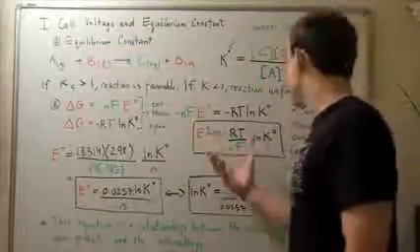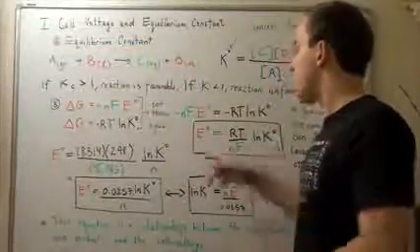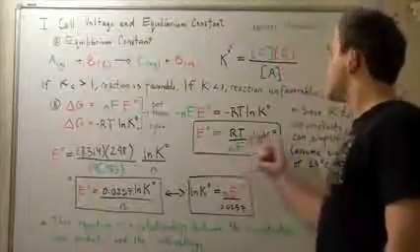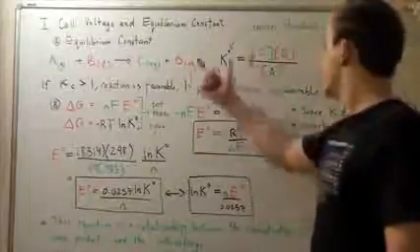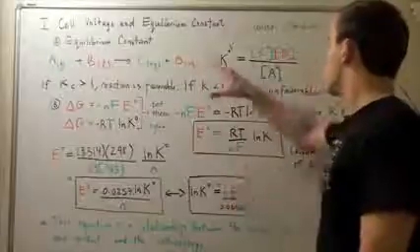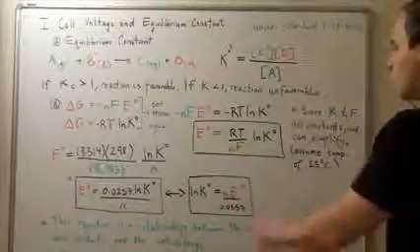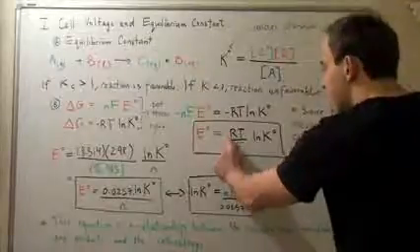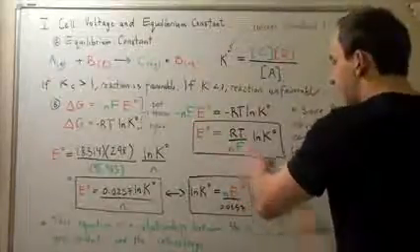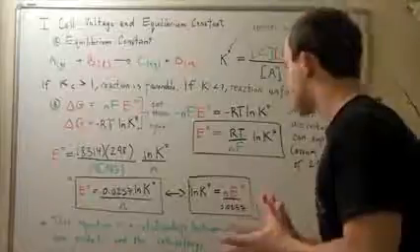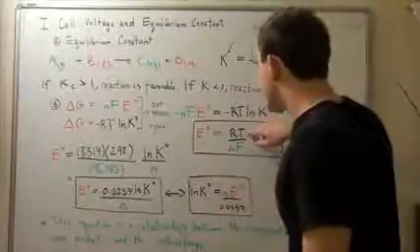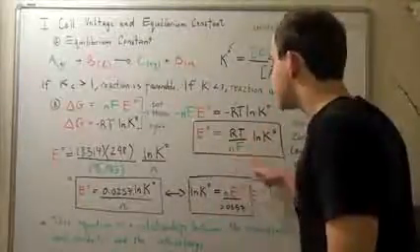So this expression relates our cell's voltage and the ratio of the concentrations of our products and reactants. Now notice in this equation, R is a constant, and F is also a constant. If we assume constant temperature of, say, 25 degrees Celsius, we can simplify this expression.